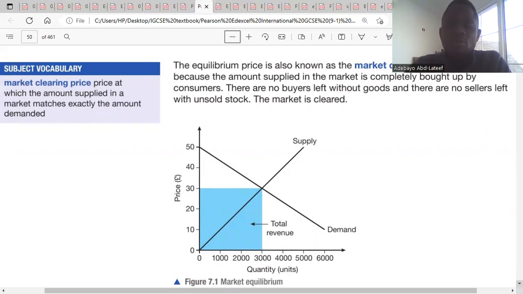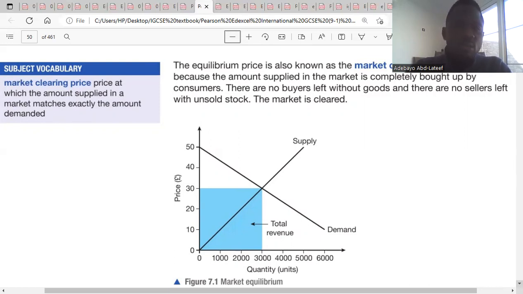So if 100 units were supplied into the market, 100 units were bought in the market. The amount of goods supplied to the market is the amount of goods sold in the market.